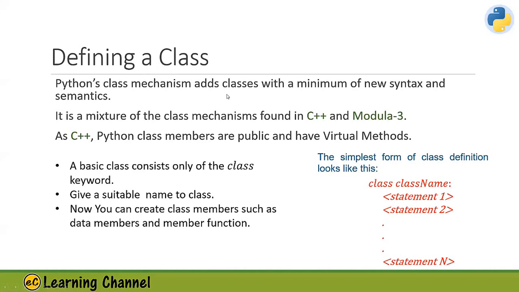Python's class mechanism adds classes with minimal new syntax, so it is almost the same as C++ and Modula-3. As in C++, Python class members are public and have virtual methods. A virtual method is a dynamic method, so it allows overloading. We will see that here.